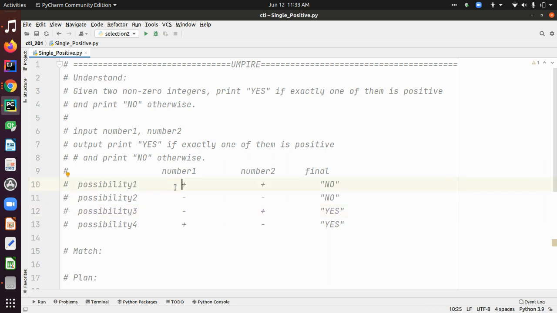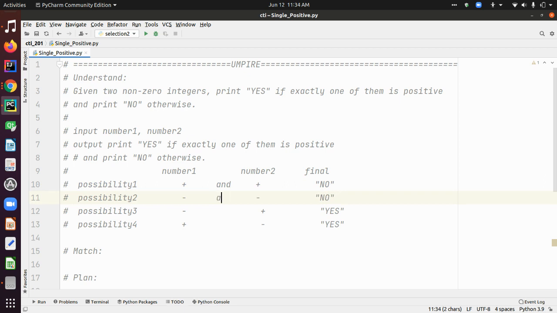So we need to check if number 1 is positive, and if number 2 is also positive, we should print no. We can write "and" over here, because we end up checking both conditions.